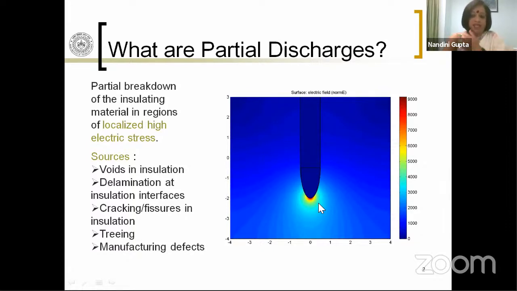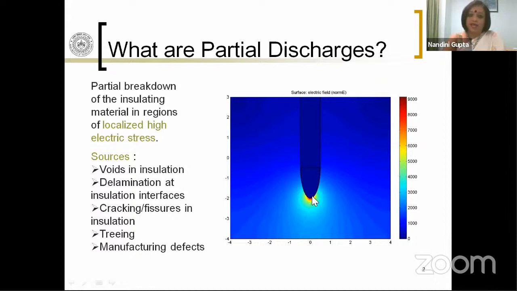What you can see here is that the colored regions indicate the fields in these regions. Let's imagine that this is air. Everywhere within the dielectric volume you have quite low values, which is indicated by this blue region.